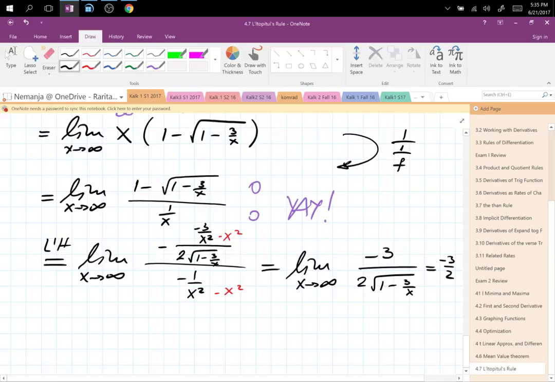Yes. Oh, about the step where you used L'Hopital's rule, where the negative 3 over x squared on the top. It's a chain rule. Well, yeah, but could it be positive? I'm not sure. It's negative 3 over x, so it would be negative 3x to the negative 1.